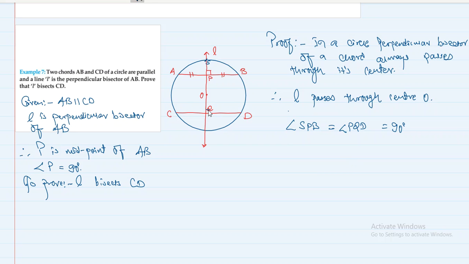So this is 90 degrees, and you can say that they are corresponding angles.